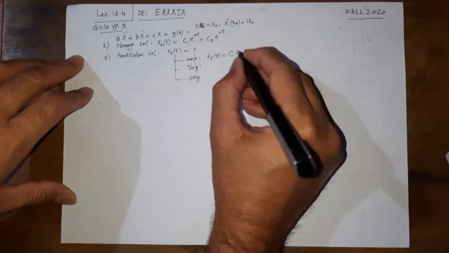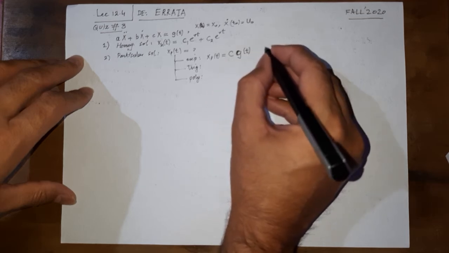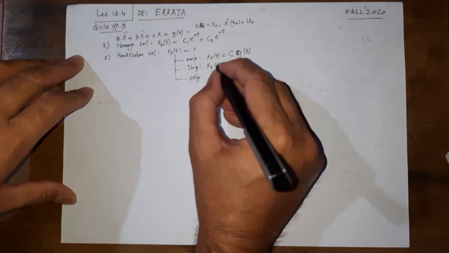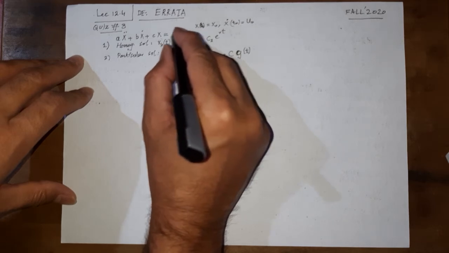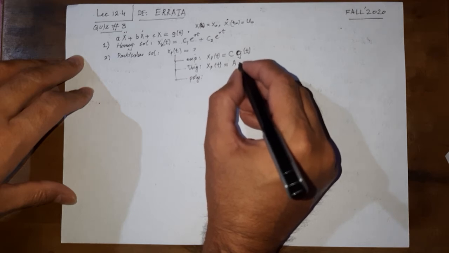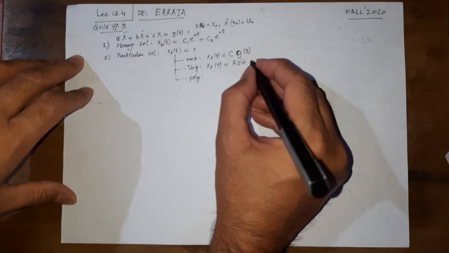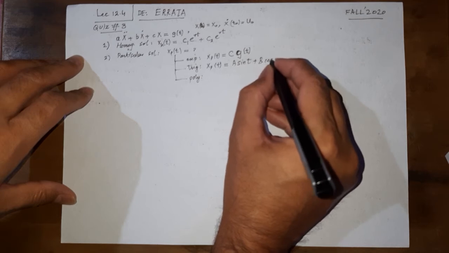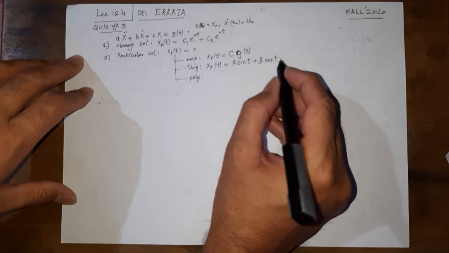If it is a trigonometric inhomogeneous term g(t), say sine or cosine or both, then x_p(t) is equal to some constant A times the sine term plus B times the cosine term. So if the inhomogeneous term is sin 2t, we get sin 2t and cos 2t here.